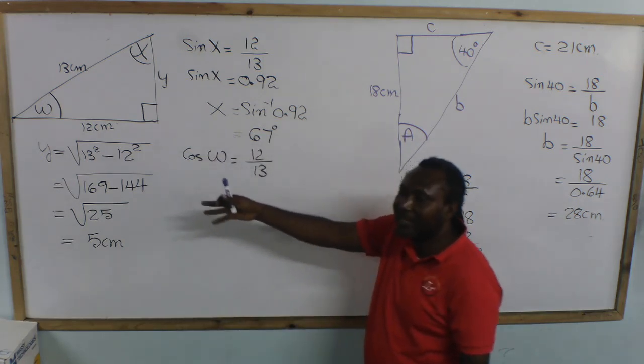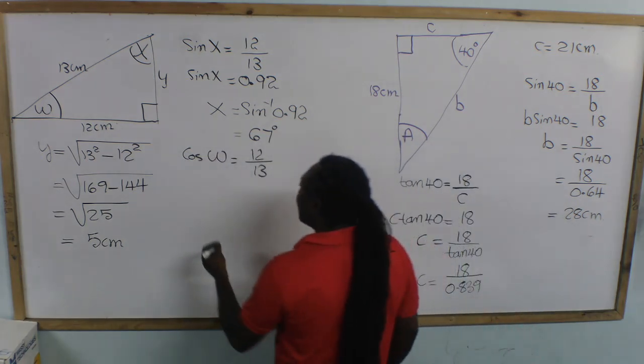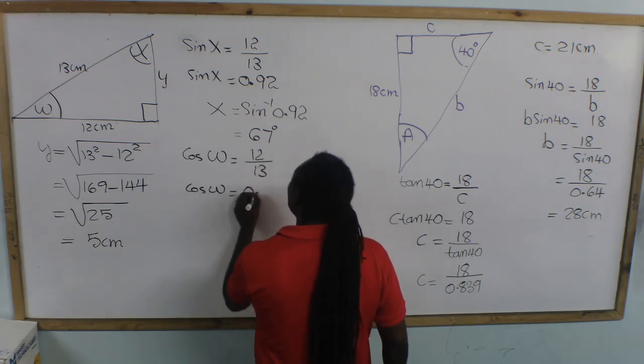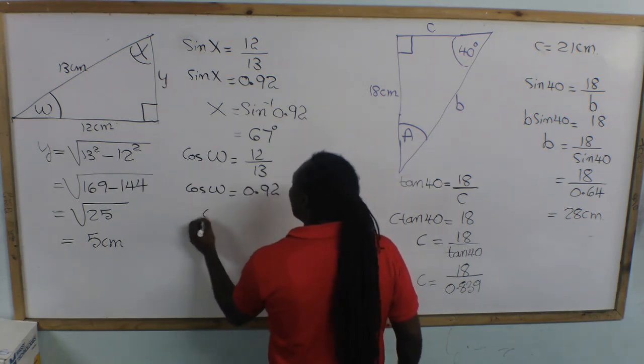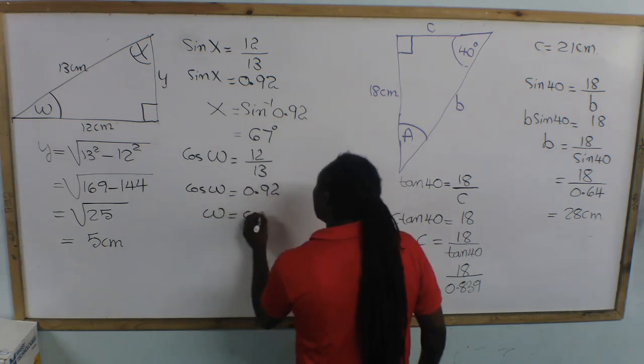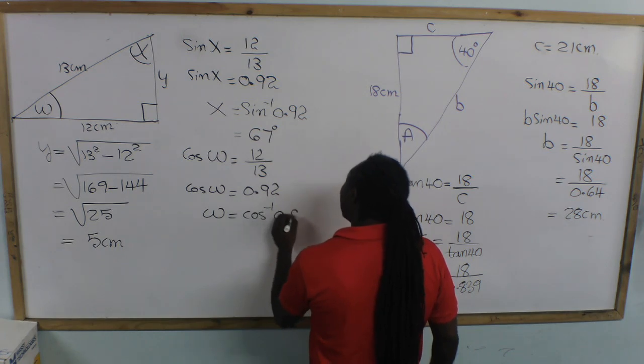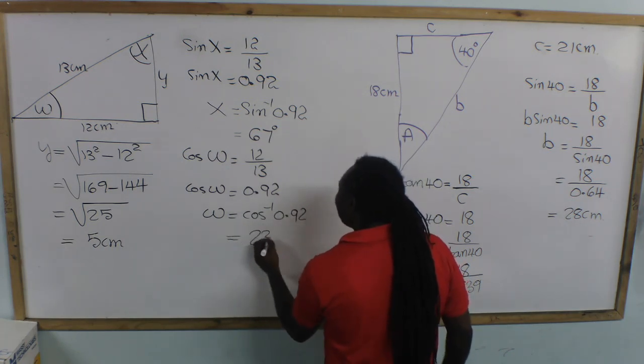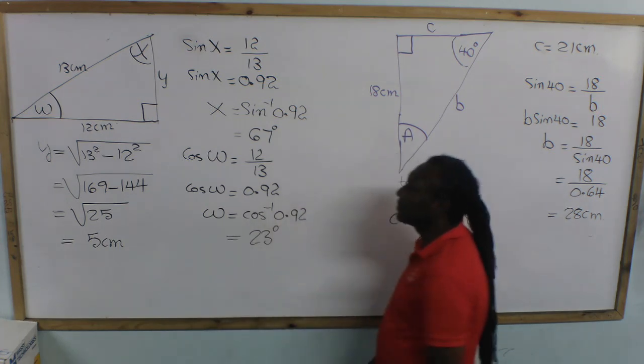We know that we could just subtract from 90 and get this, right? So cos W is equal to 0.92. So W is equal to cos inverse of 0.92, which is equal to 23 degrees.